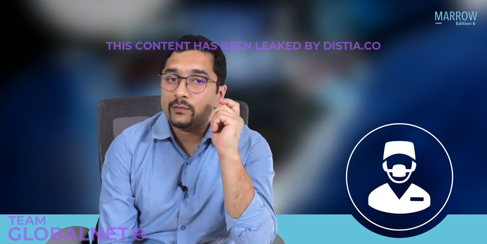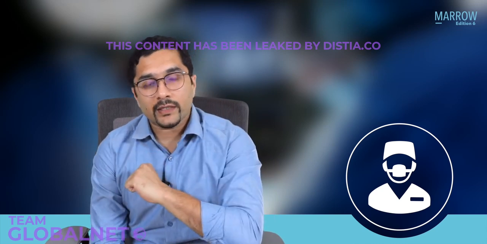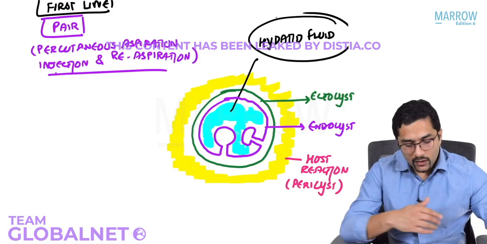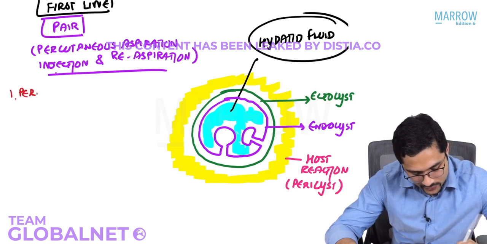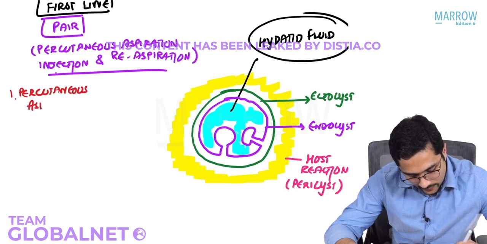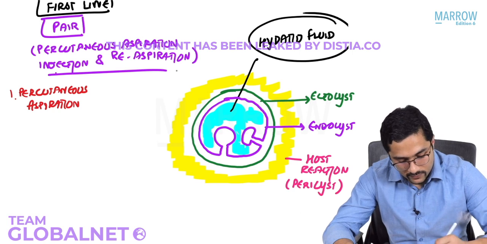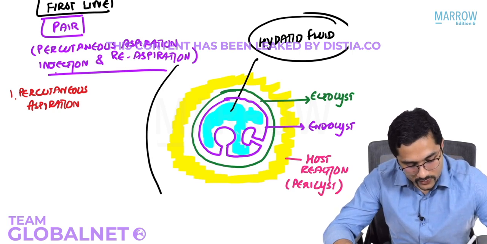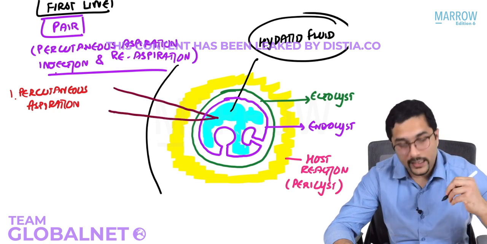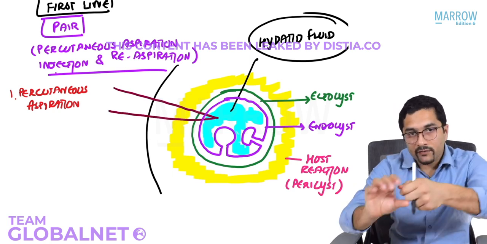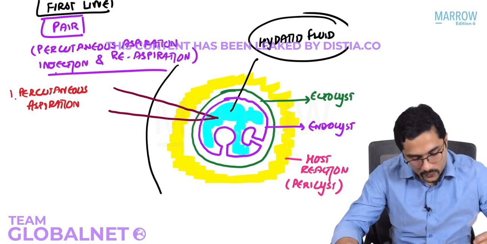That is why we need to be very careful when we are dealing with hydatid disease. So in PAIR, the first step is percutaneous aspiration. That means under ultrasound guidance, we introduce a needle inside the cyst and aspirate all the hydatid fluid.